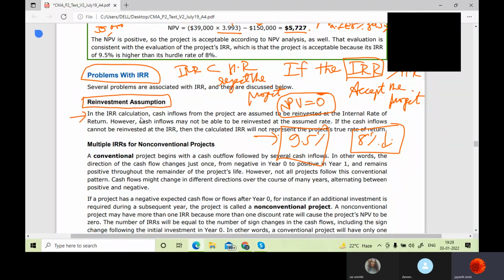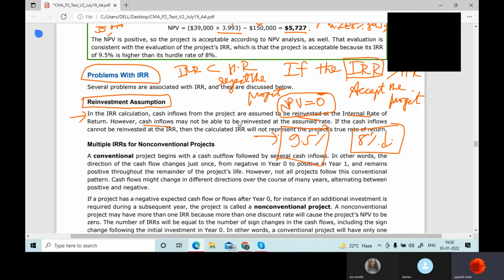In the IRR calculation, cash inflows from the project are assumed to be reinvested at IRR, but that is not always possible, correct? It is not always necessary for you to reinvest at the same IRR. So that is what they are saying.